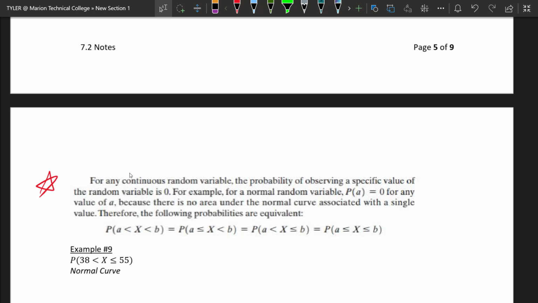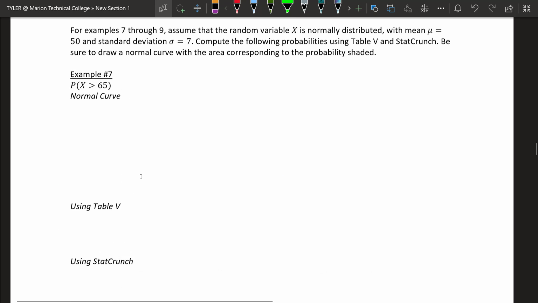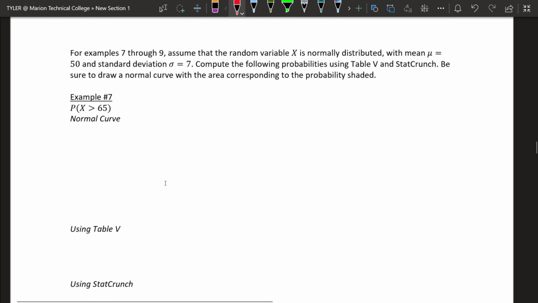So what this is saying is that when you find the probability, it doesn't matter if you include that value or not. In other words, if I look at my next example, the probability that x is greater than 65 is the same thing as the probability that x is greater than or equal to 65.